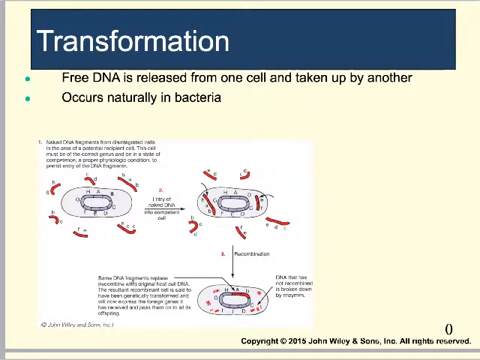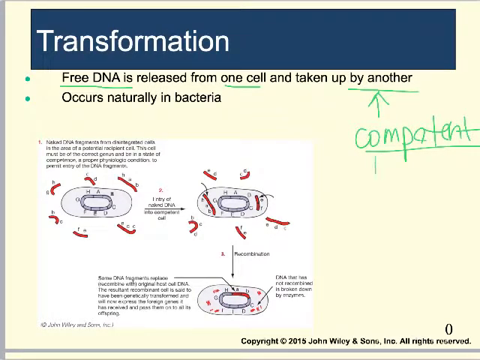The idea is that if there's free DNA from an organism, from a different bacteria, from one cell, it can be taken up by another bacteria. These other bacteria have to be called competent. When you're competent, you're able to take up DNA.